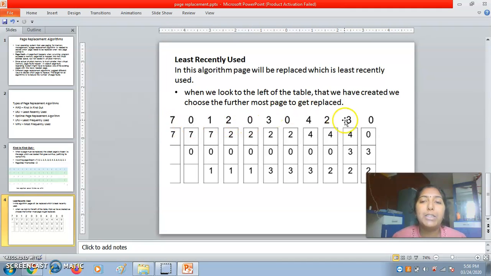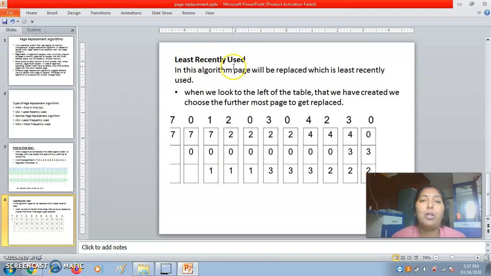Suppose we consider this as our page reference string and we have 3 frames. Then anyway the first one is considered a page fault and it is stored in the 0th frame. Similarly, the same thing is done for the reference 0 and the reference 1. And coming to 2, now we have to determine which page has to be replaced.